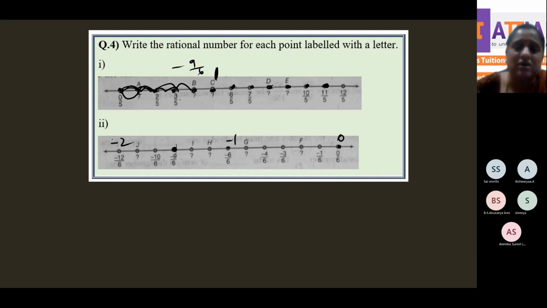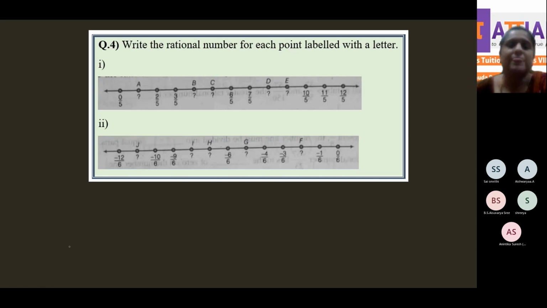Spacing between two consecutive rational numbers must be the same. The spacing can be half a centimeter, meaning 5 millimeters or 4 millimeters, 3 millimeters, or you can take 1 centimeter. But it should be uniform throughout.